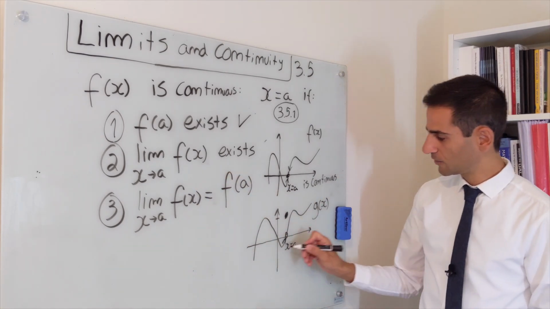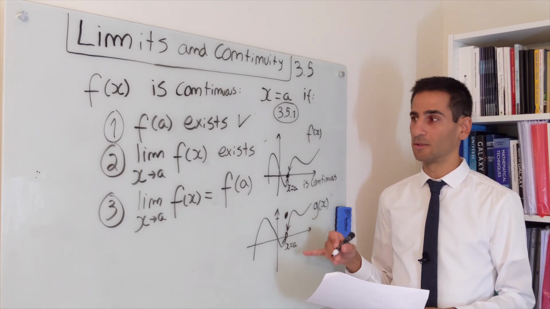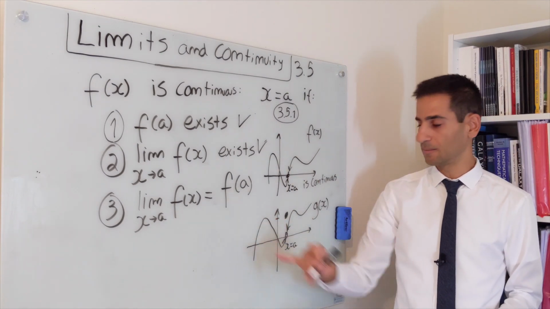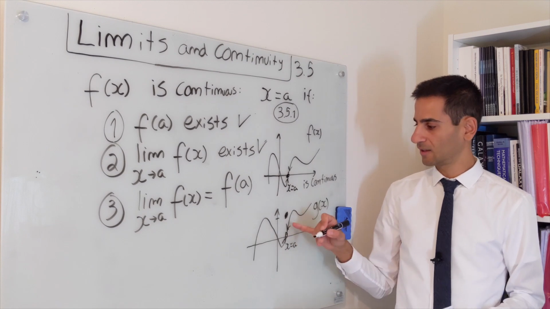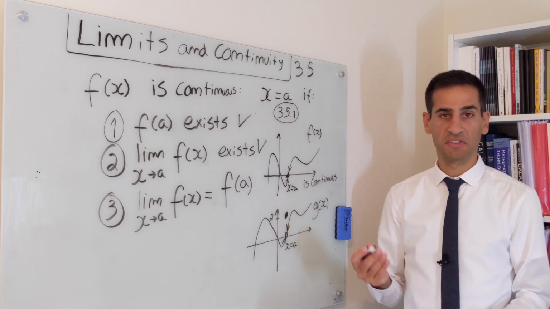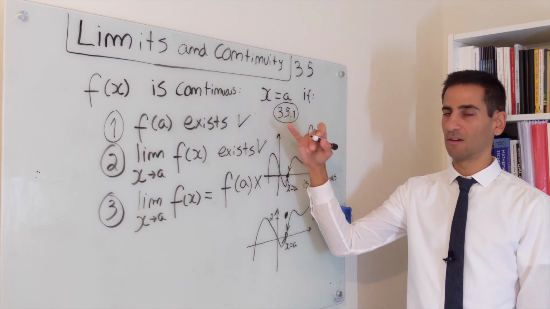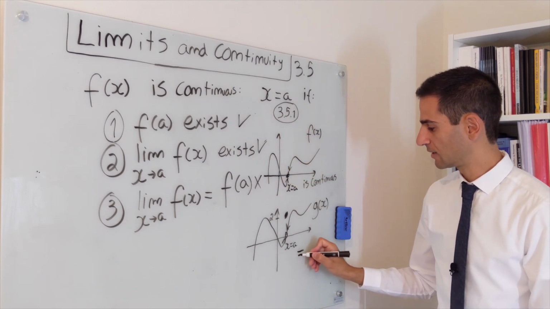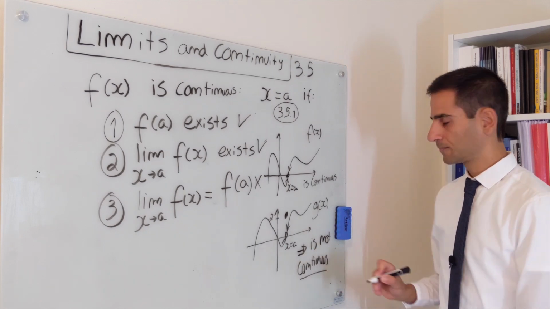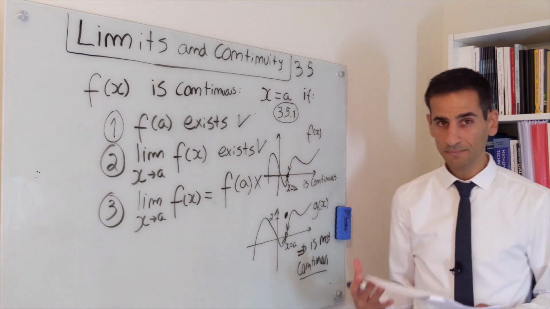So the value that it tends to from the left and from the right actually is the same. In this case, it's 0. It does exist. The problem with this point is that the value of the limit, which in this case would be 0, is not the same as the value of the function at the point, which, I don't know, we'll just call it 2. So it means it does not fulfill all 3 criteria, which implies the point is not continuous. That's correct.